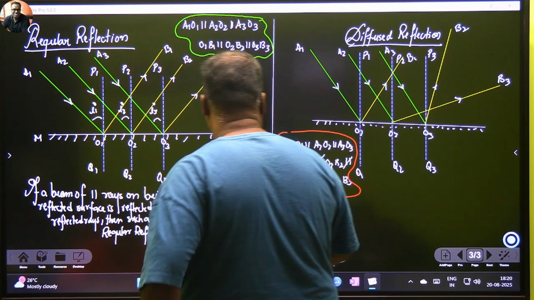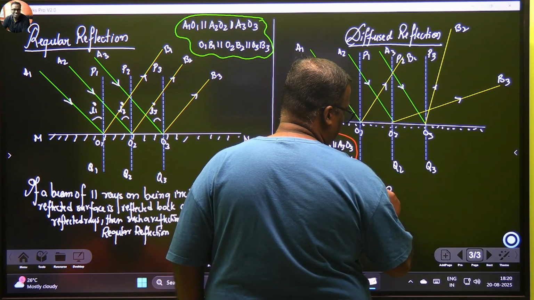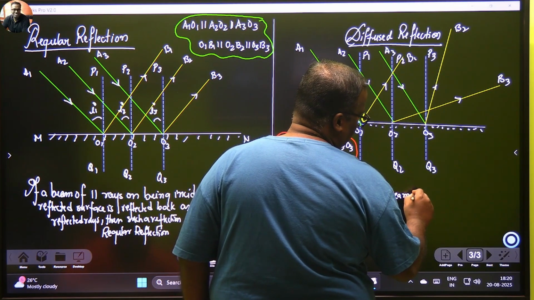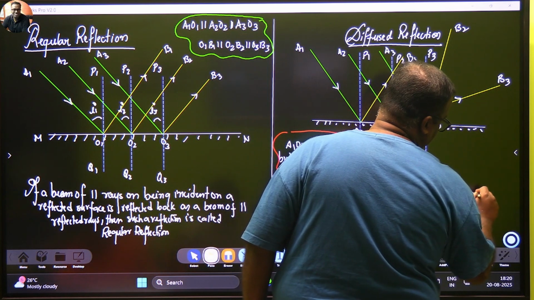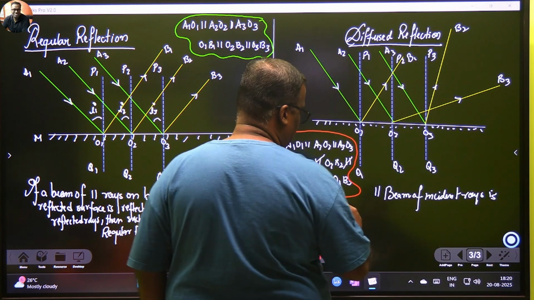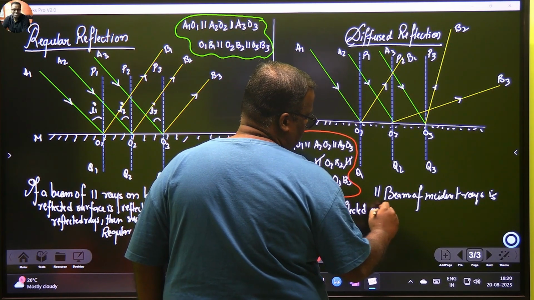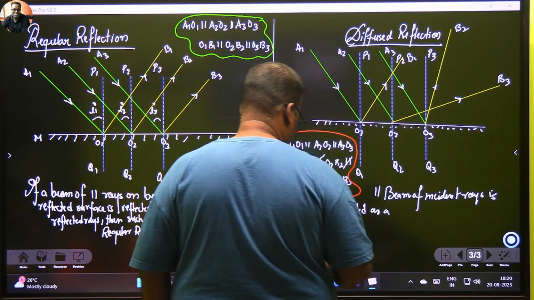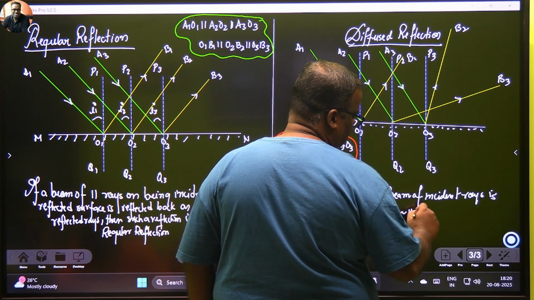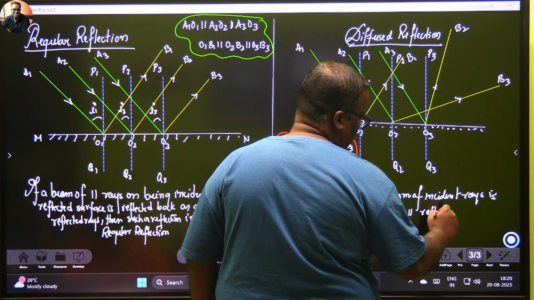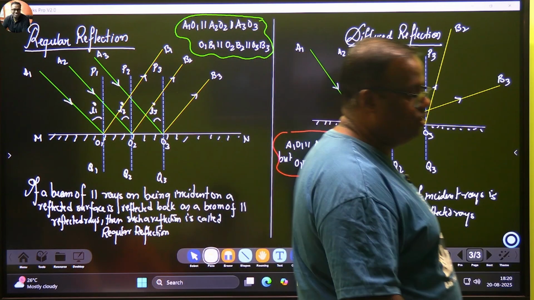Okay, we'll say a parallel beam of incident rays is reflected as non-parallel reflected rays. And such a reflection is known as diffuse reflection.